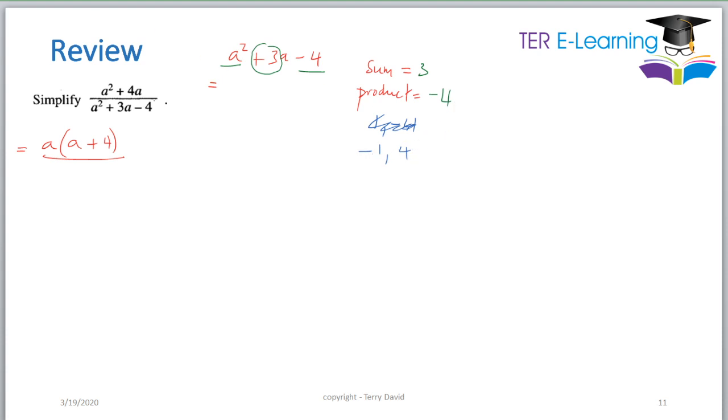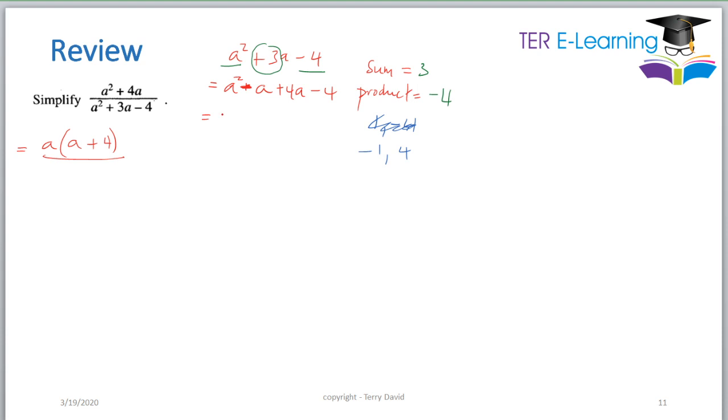So that's correct. All right, so I'm going to replace my middle term, so it's going to be a squared minus a plus 4a minus 4, right? So we factorize this.